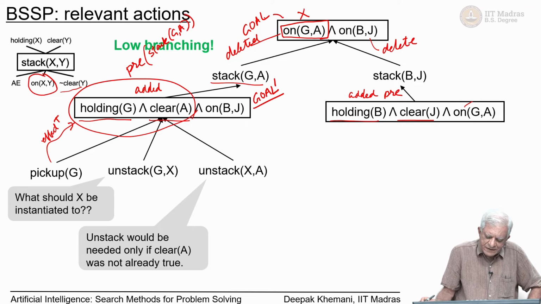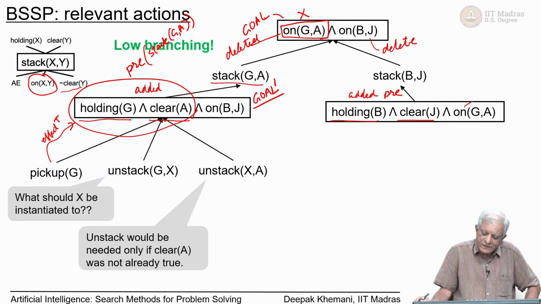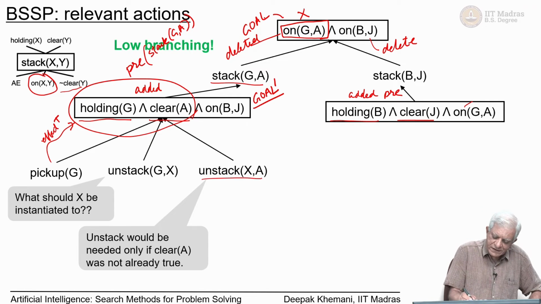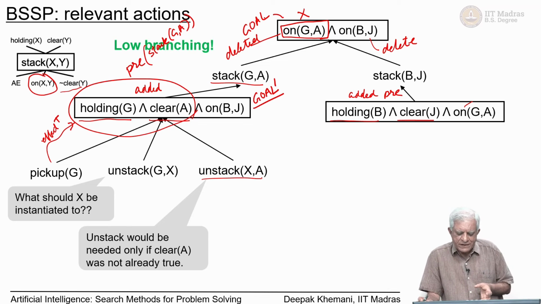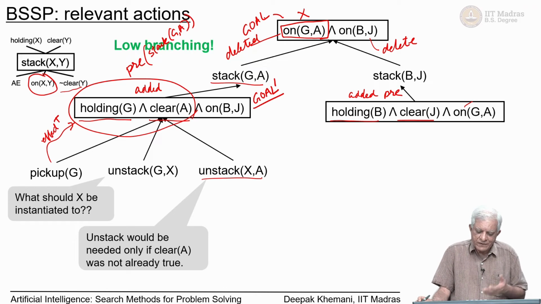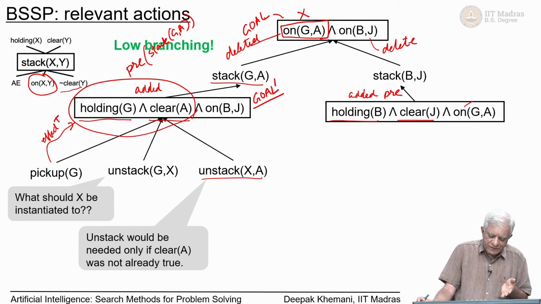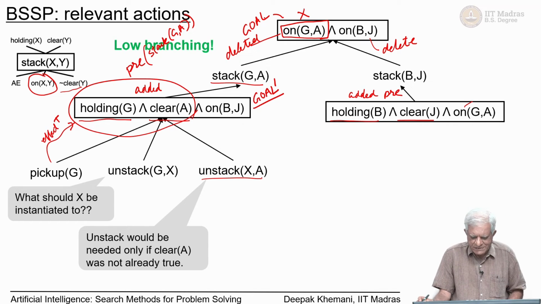If you look at the predicate clear A, which needs to be true in goal prime, it could be made true by unstacking something from A essentially. If you unstack something from A, then A will become clear. So, to make clear A true, one way is to unstack X from A, but unstack would be needed only if clear A was not true, but backward state space planning is not aware of that essentially.